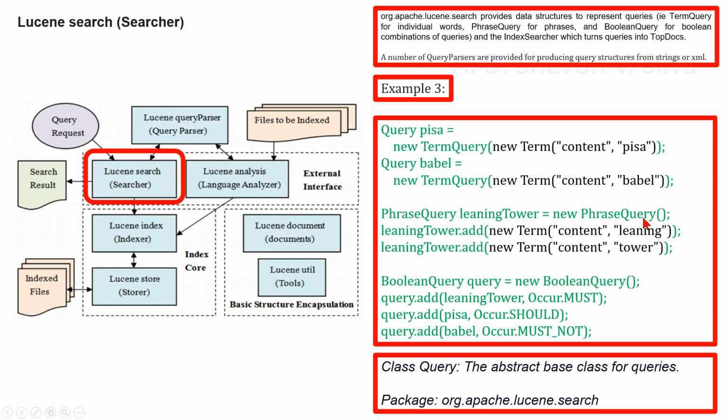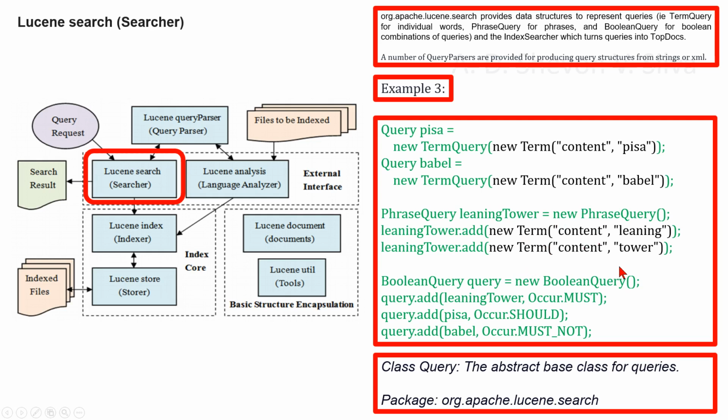Here is this constructor, an empty PhraseQuery, and here with the add method, set a term to the end of the query phrase. This example is valid for Lucene 4.7.0.